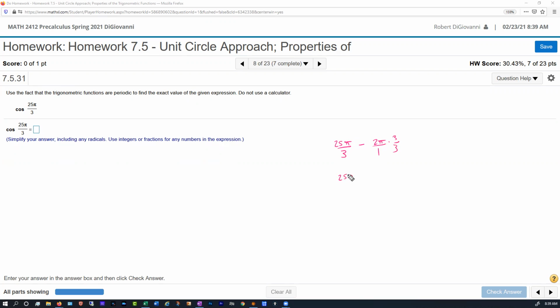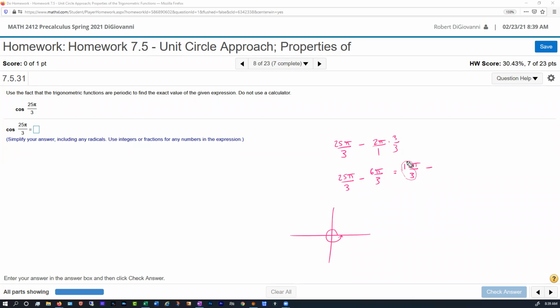So 25 pi over 3 minus 6 pi over 3 gives 19 pi over 3. That's like we've gone around one time. And 19 divided by 3 is still bigger than 2, so I know I can subtract another 2 pi.